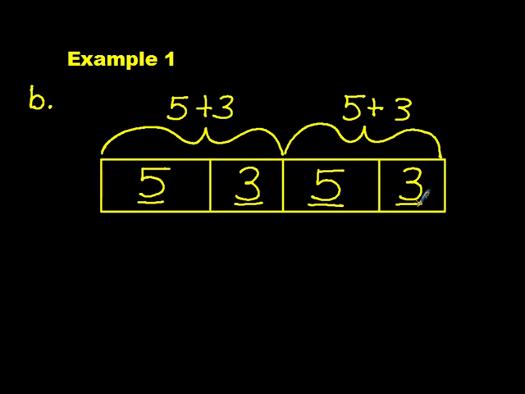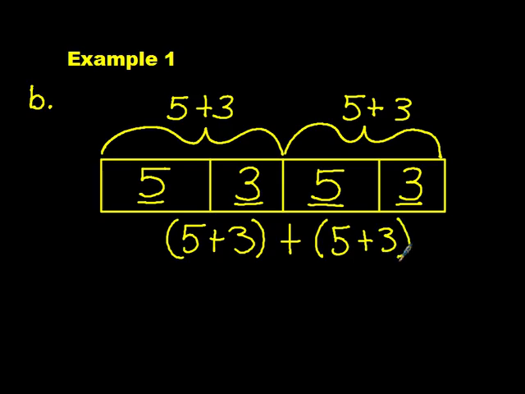We could write 5 plus 3 plus 5 plus 3. Or better yet, we could put 2 times the sum of 5 plus 3, because we have 2 groups of 5 plus 3.